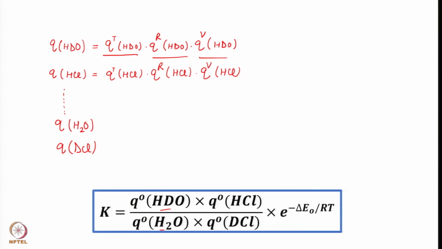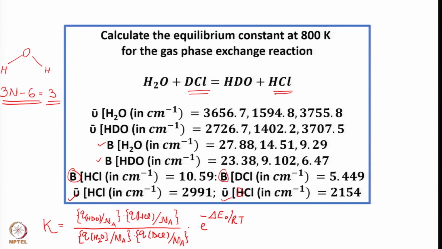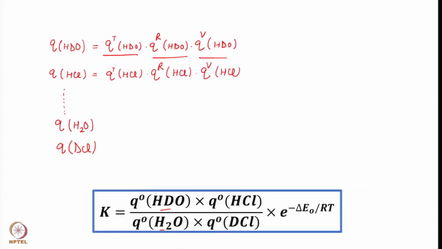Now, if you look at the problem statement, calculate the equilibrium constant at 800 Kelvin for the gas phase exchange reaction with the given numbers. There is no additional information given. And what we discussed is that I need translational, rotational, vibrational contribution for each.